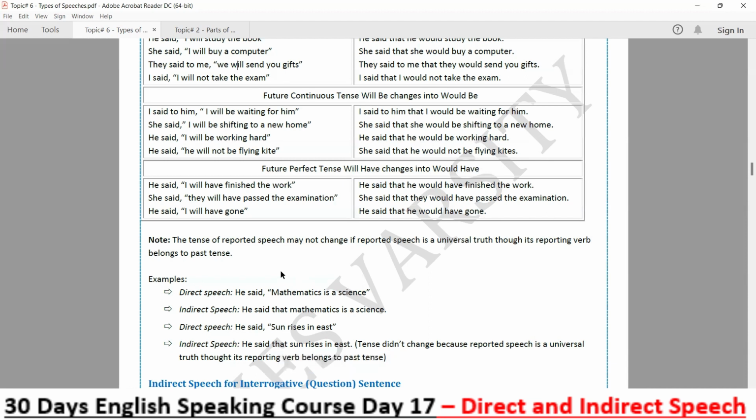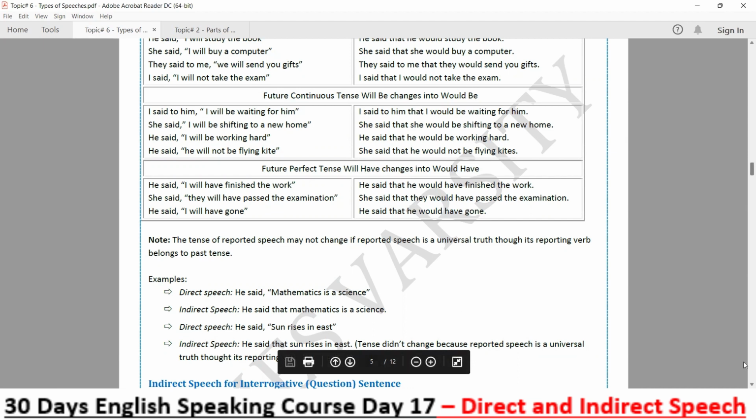Let's look at some examples. Direct speech: he said, "Mathematics is a science." Indirect speech: he said that mathematics is a science. Similarly, another direct speech: he said, "The sun rises in the east."